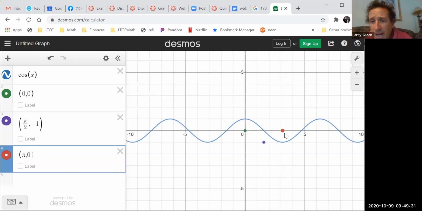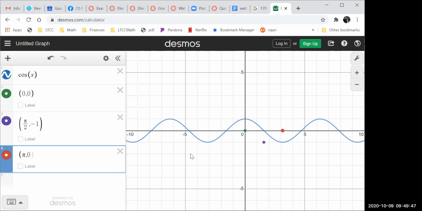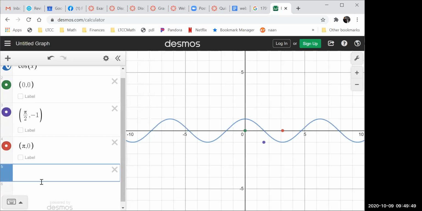At 3 pi over 2, what's the slope of the tangent line? One. So we can plot that one.